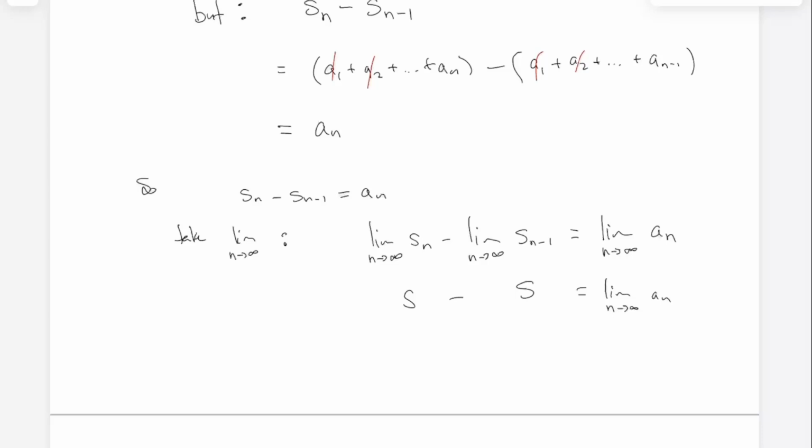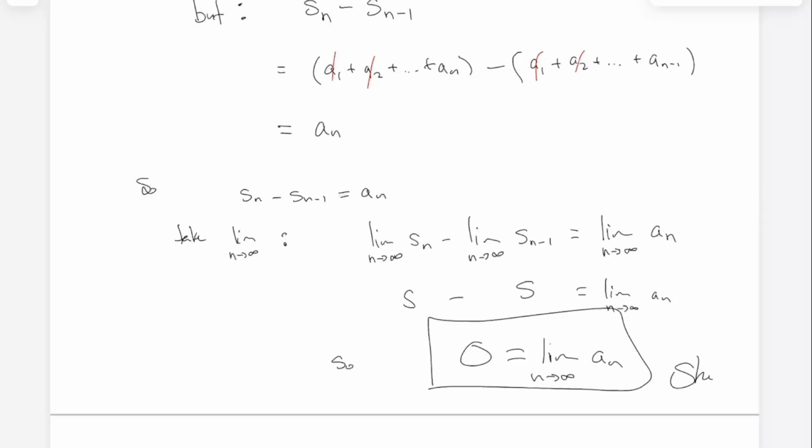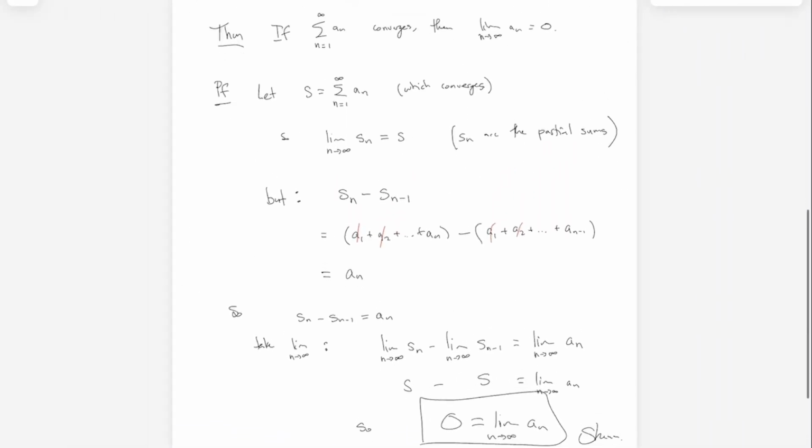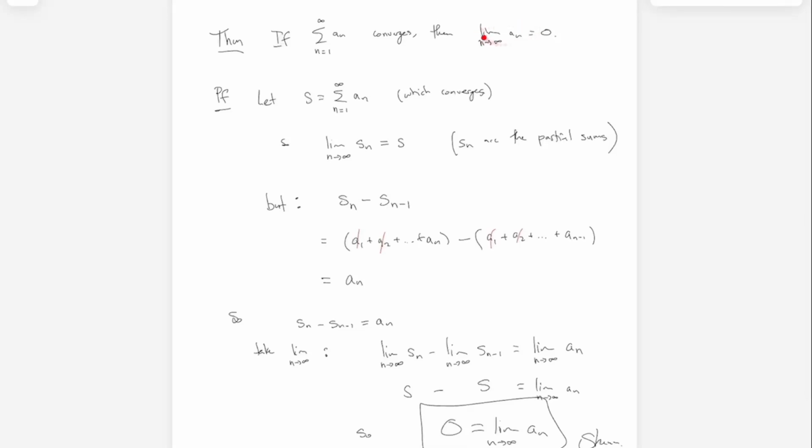The S's on the left cancel, and it says 0 equals the limit as n goes to infinity of an, which is what we wanted to show. That was the goal of the proof, if you remember at the very beginning: then the limit of an equals 0, right? And that's what it says right here.